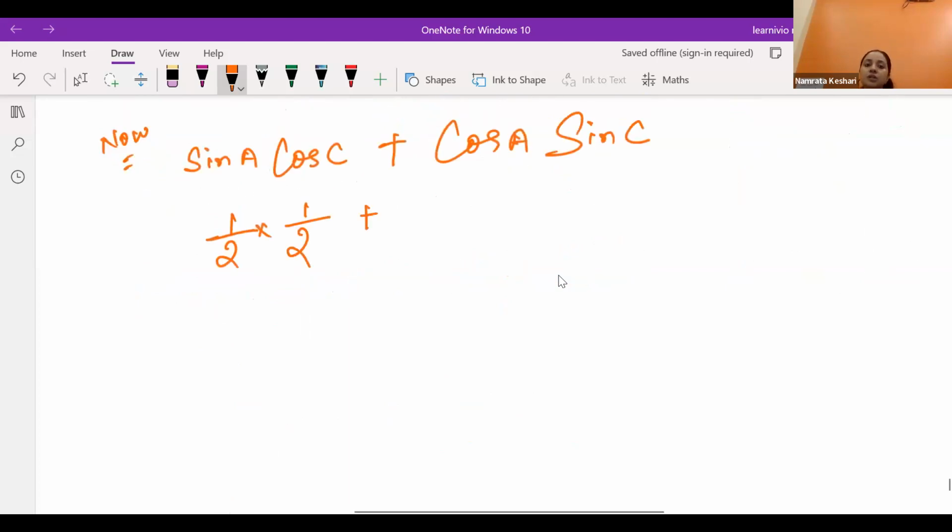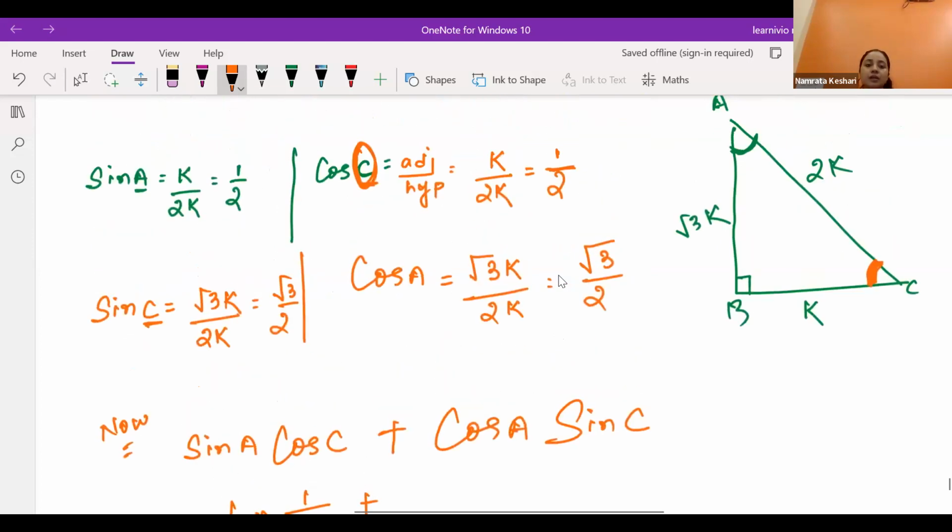Ma'am, I have a doubt. Over here in sin C, the formula is perpendicular by hypotenuse, and for that you have put root 3 as the perpendicular. But over here in cos A also you have put... Oh no, never mind, I understood.